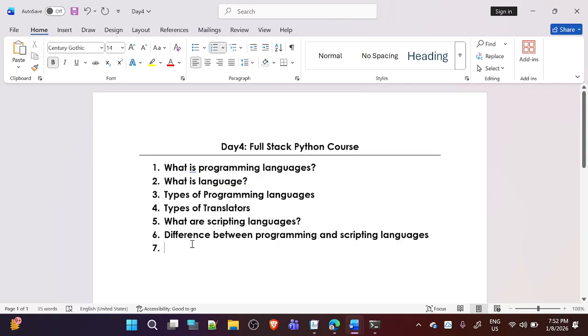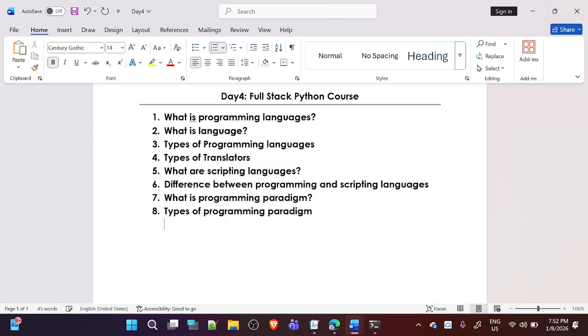Next we will discuss what a programming paradigm is, and then types of programming paradigms. So this is our agenda for today.